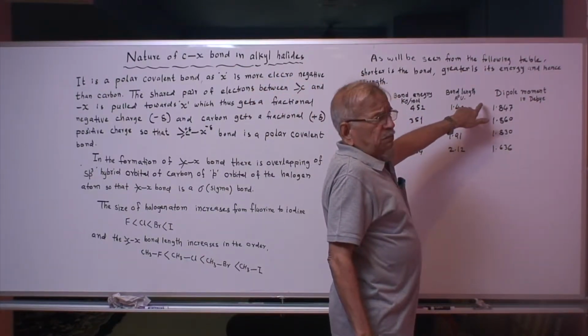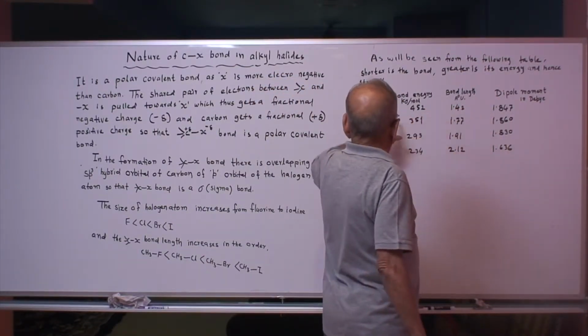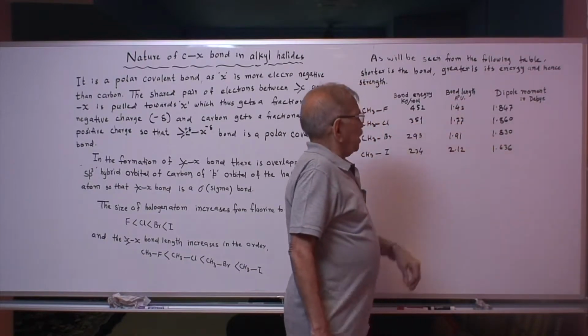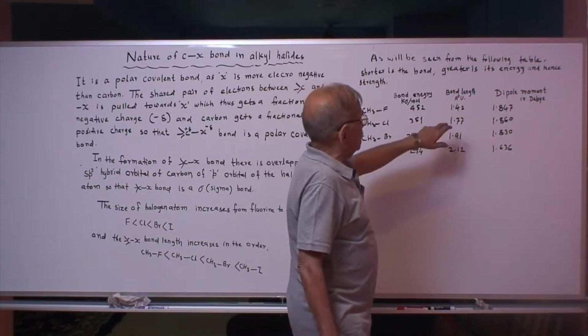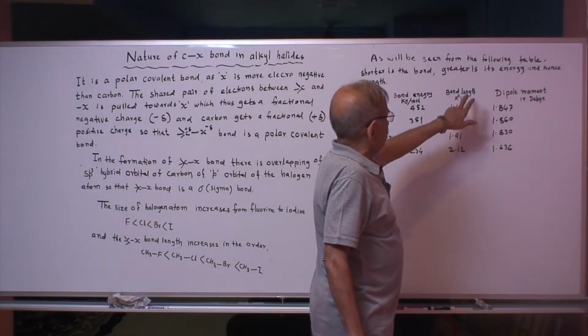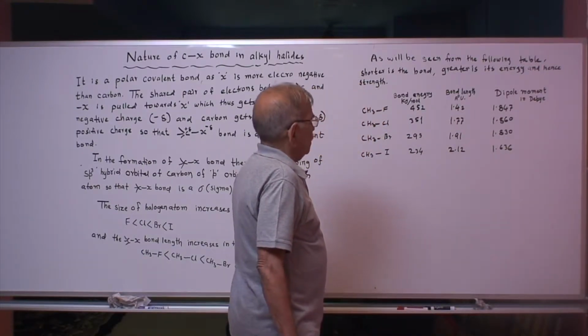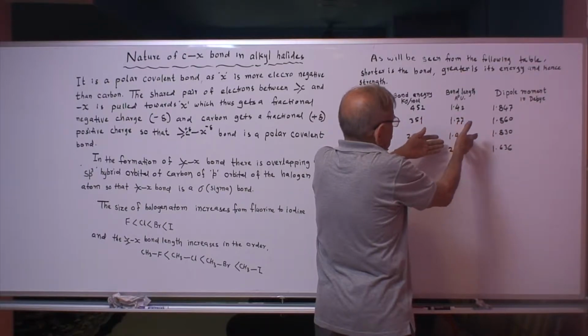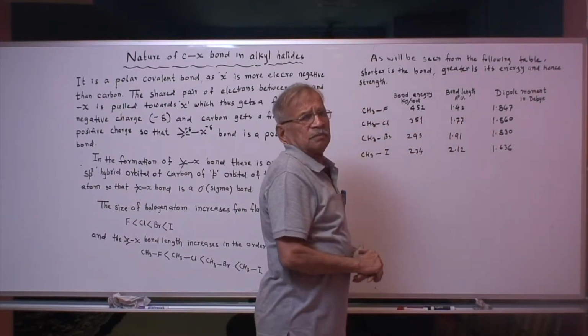What is the bond length measured in angstrom units for the CF bond in fluoromethane? From this table you find that it is 1.42 angstrom units, which is least because the other values are 1.77, 1.99, 2.12.